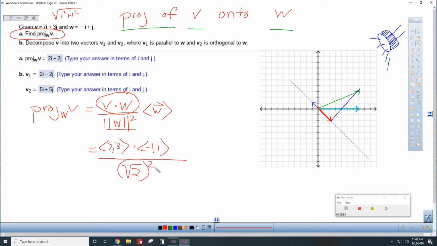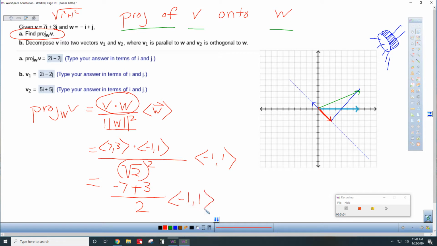And we're going to take that and multiply it by <-1, 1>. So this is just going to be a number on the left side. 7 times -1 is -7. 3 times 1 is 3, and we do all of that over 2 times this vector.